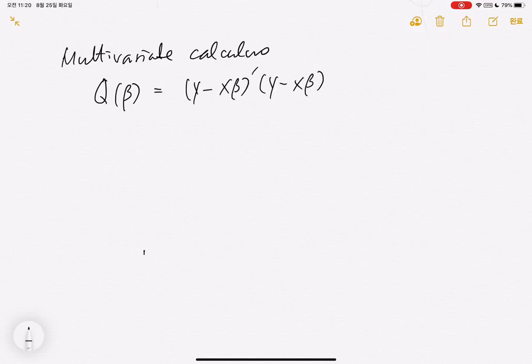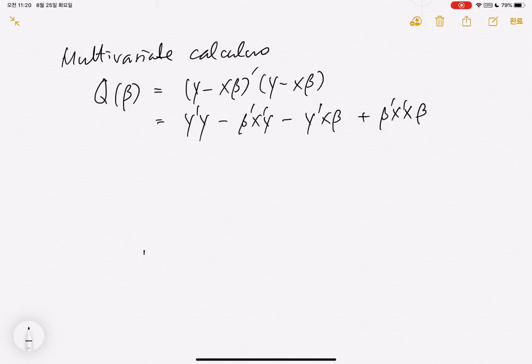Okay, and this is y prime y minus beta prime x prime y minus y prime x beta plus beta prime x prime x beta.